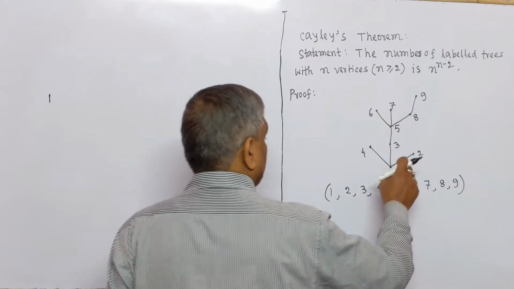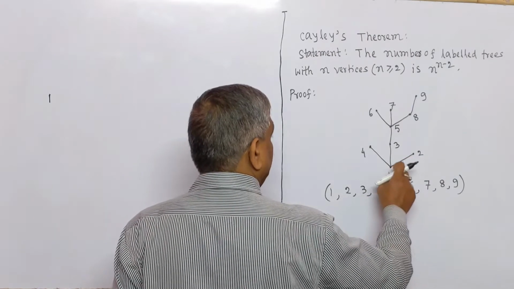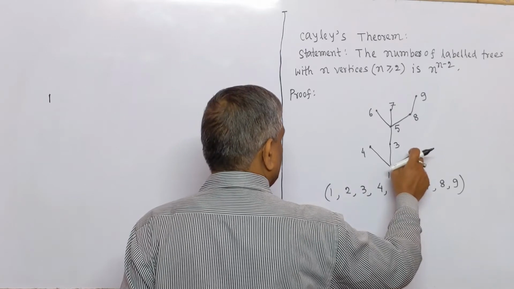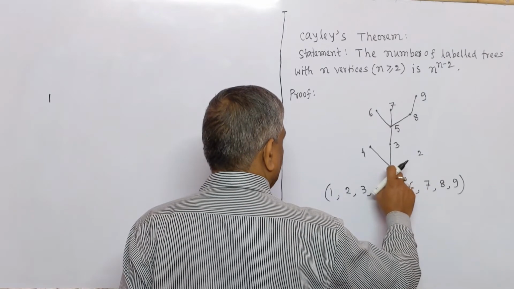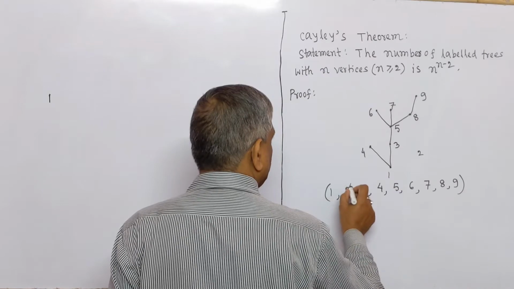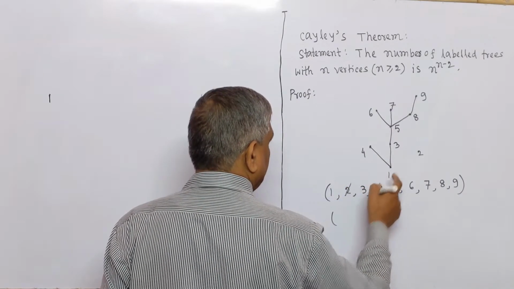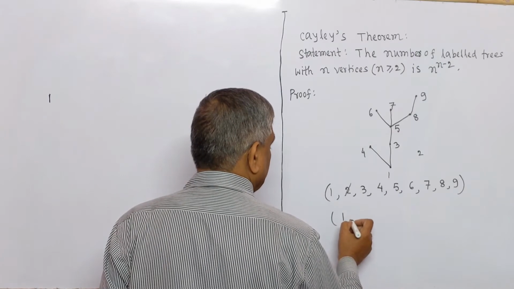Here, the smallest label pendant vertex is 2, we delete this, and here we also cancel this, and we write 1.